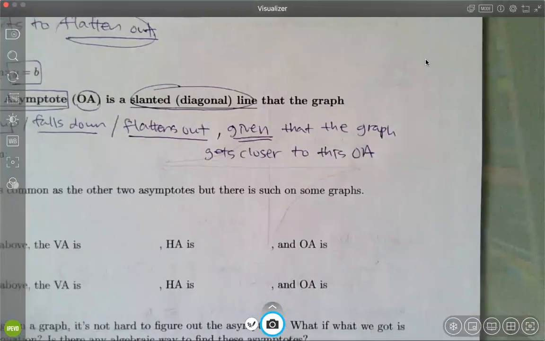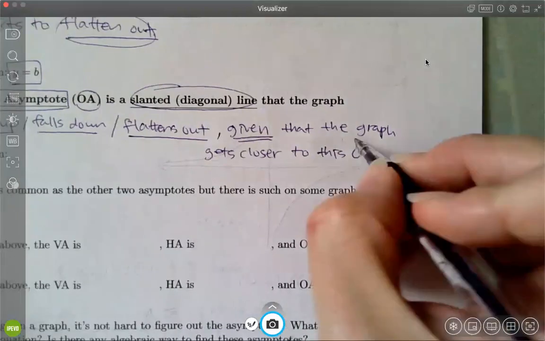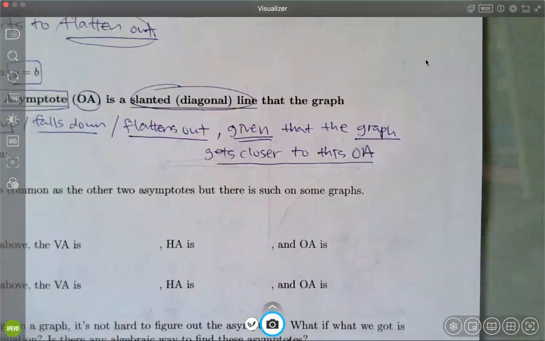You'll see why I have added this extra condition. As long as the graph gets closer and closer to some diagonal line, and if the graph starts to blow up, fall down, or flatten out, then it is an OA. Otherwise, it's not. And you will see that in the previous two examples.